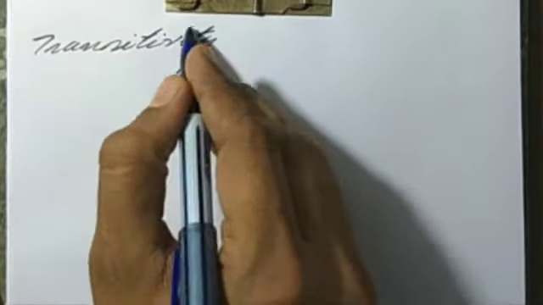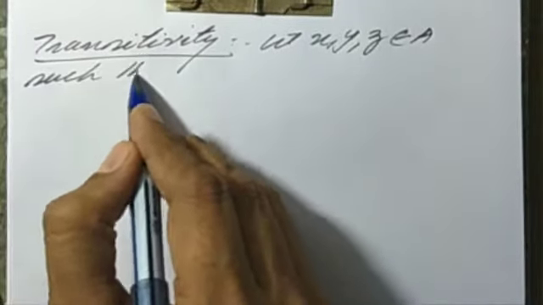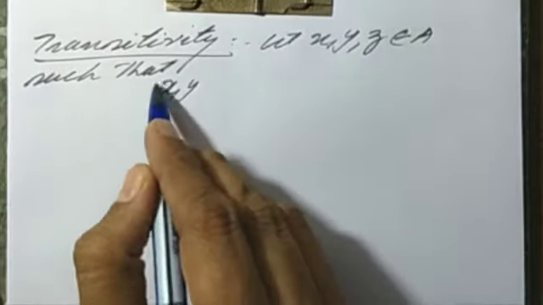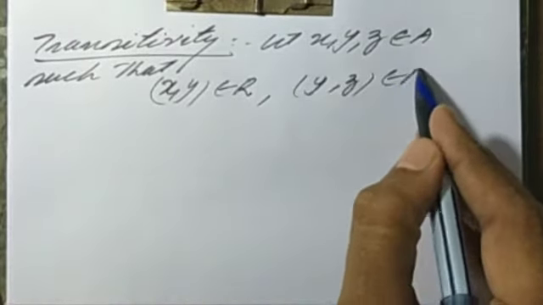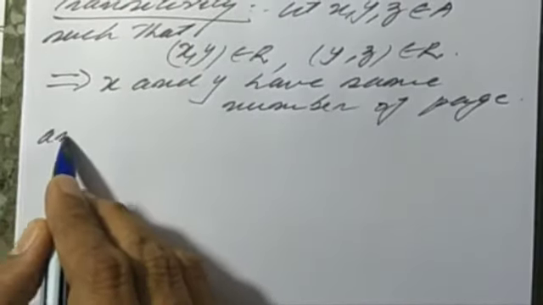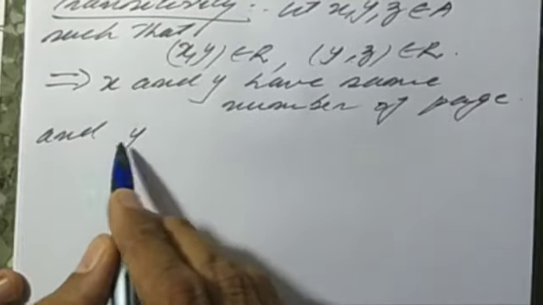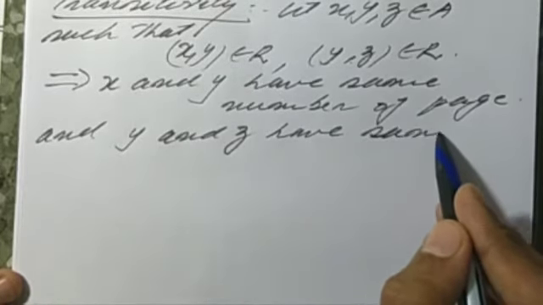Now let us talk about transitivity. For transitivity, let us take three arbitrary elements x, y, z from set A such that x comma y belongs to R, and the second ordered pair y comma z belongs to R. According to the definition of the relation, x and y have the same number of pages, and y comma z belongs to R, that is, y and z have the same number of pages.